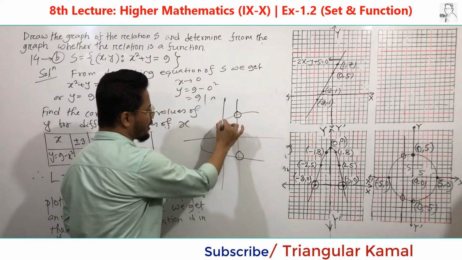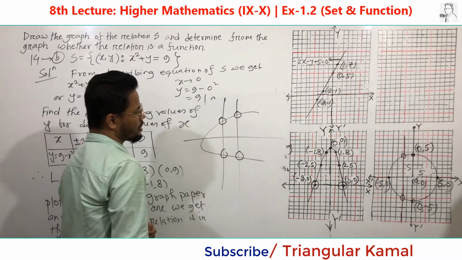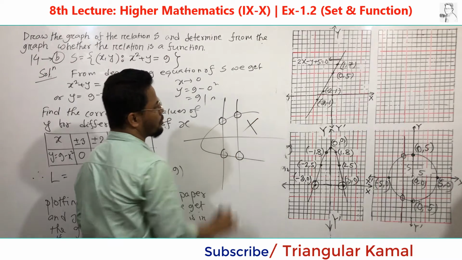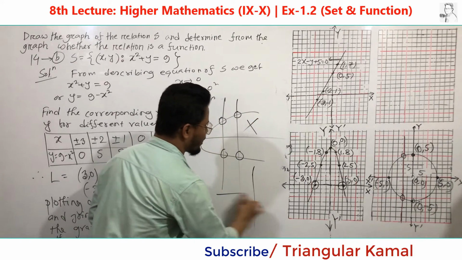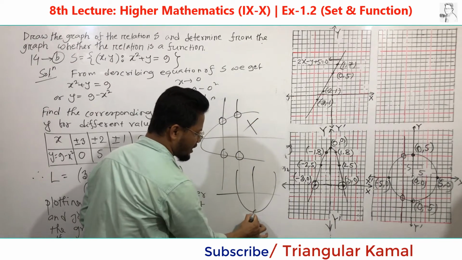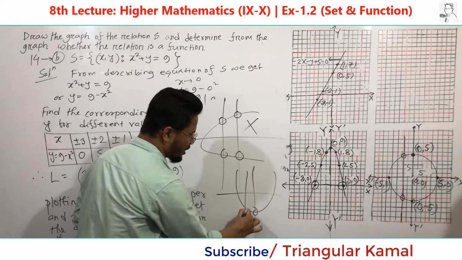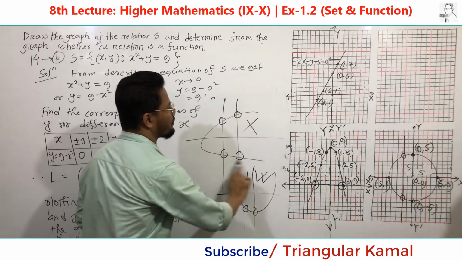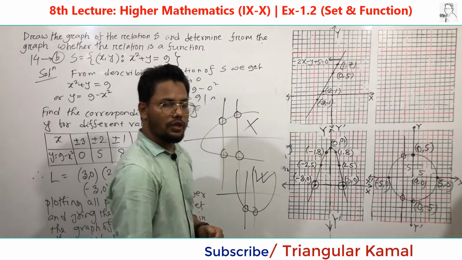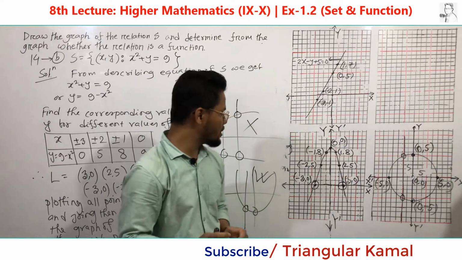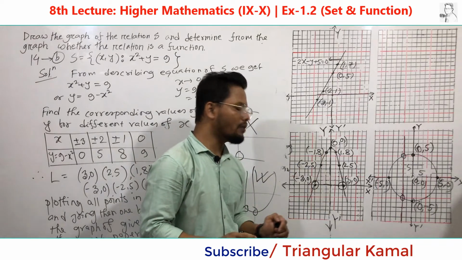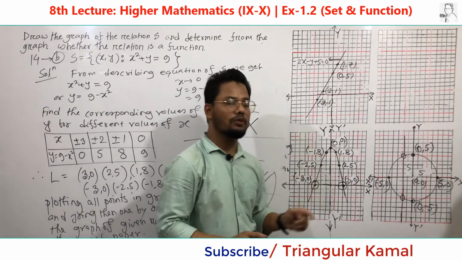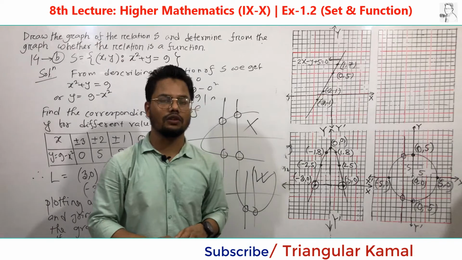Or if you draw a parallel line of the y-axis, how many intersecting points? 2. And this one will not be a function. But if the graph is like this, how many intersecting points? Only one. And if we draw a parallel line, also one. So this one will be a function, but this is not a function. So dear students, you should be more careful when drawing the graph and when explaining whether the graph is a function or not.